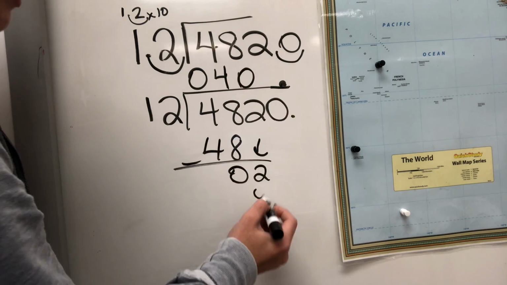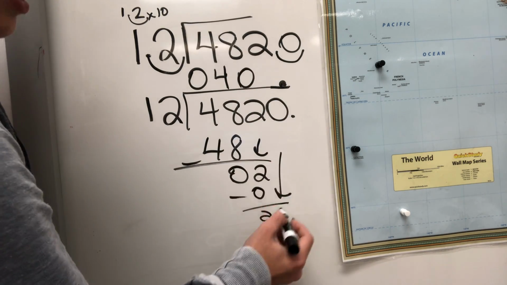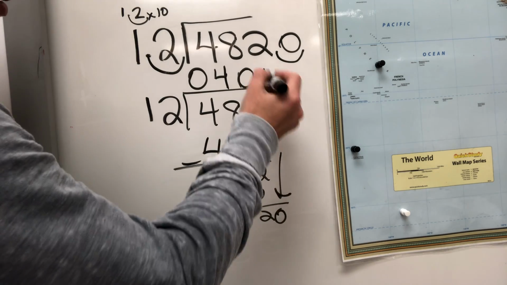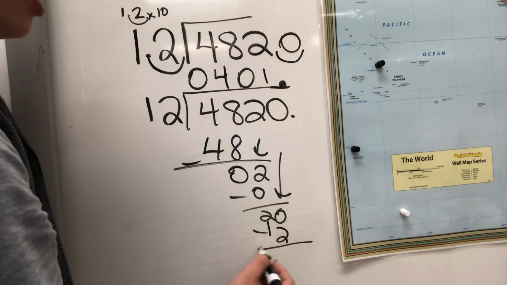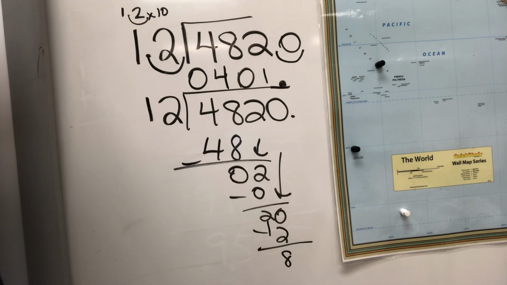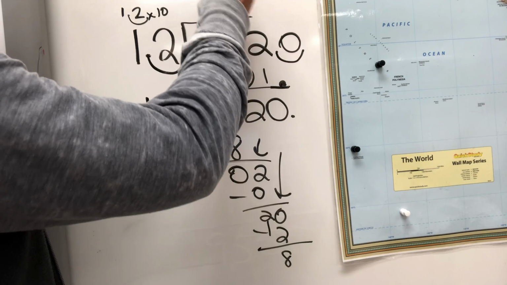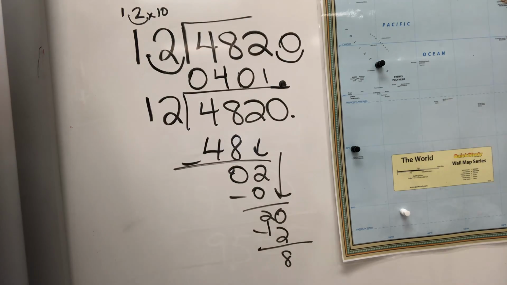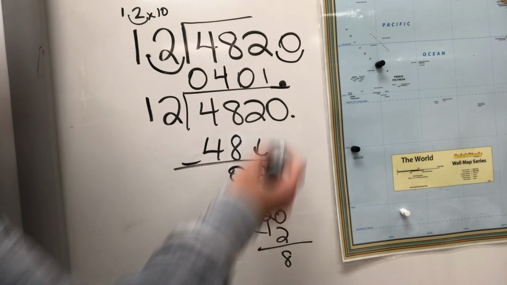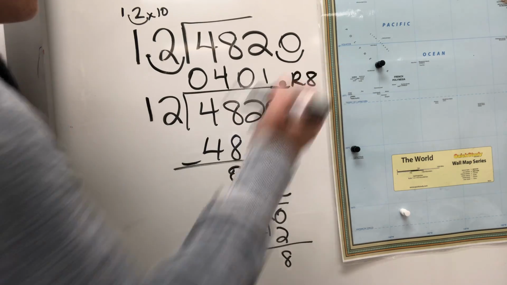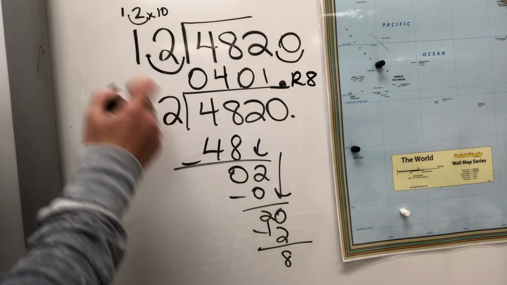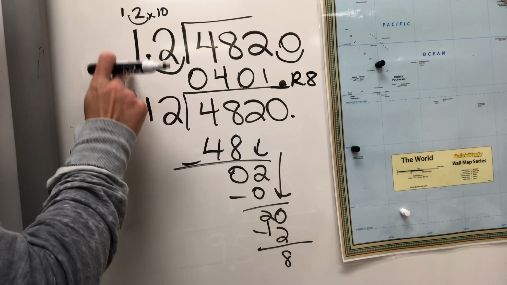Nothing times 12 gives me 2. And 1 times 12, and this would give me 8. So I have a remainder, and I write that as normal. So my answer would be 401, remainder 8. Or I could write it here as well. So the main thing to remember here is that your divisor cannot be a mixed number.